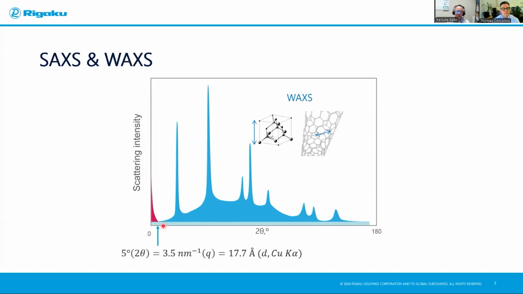There is no clear border between the SAXS and WAXS area, but in general the border is around 5 degrees in 2 theta, or 3.5 nanometer inverse in the Q scale, or 18 angstrom in the D space.